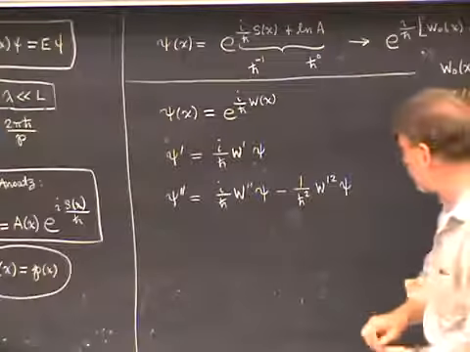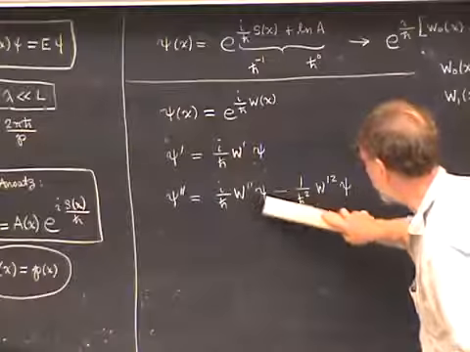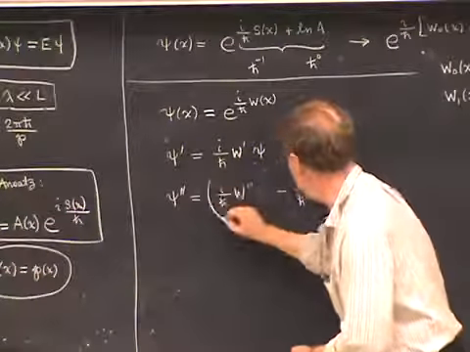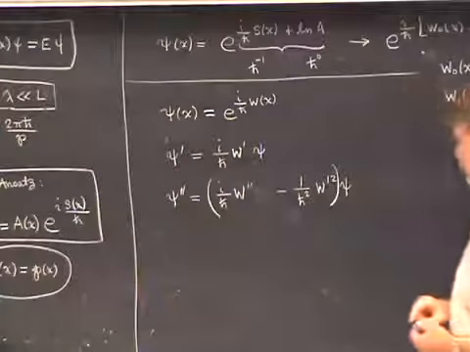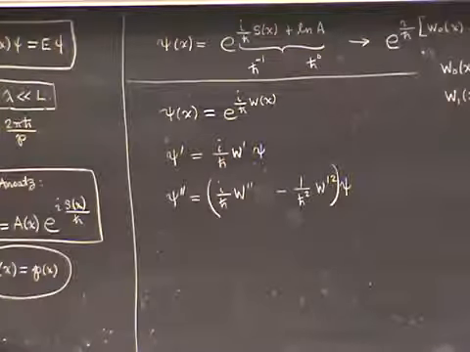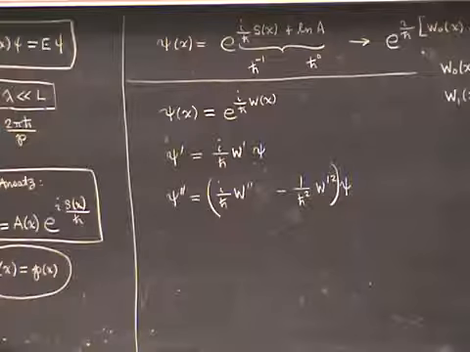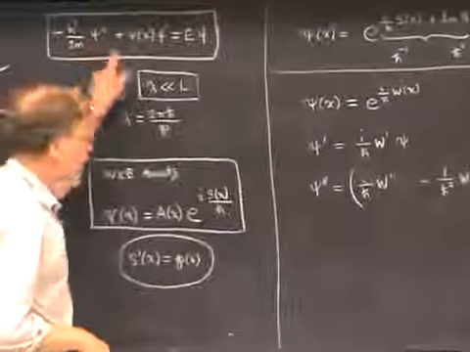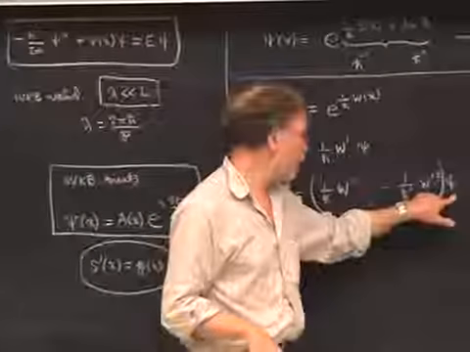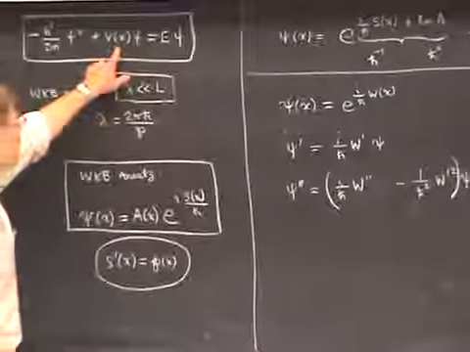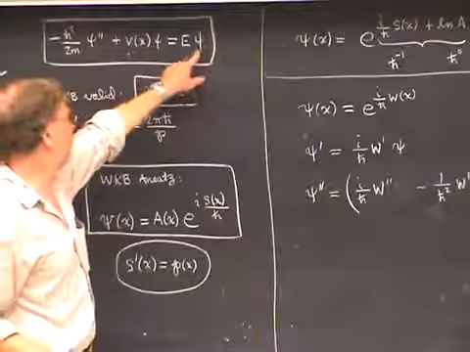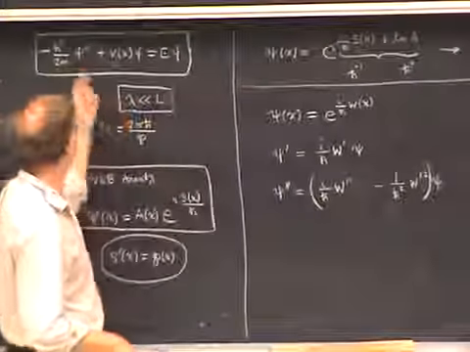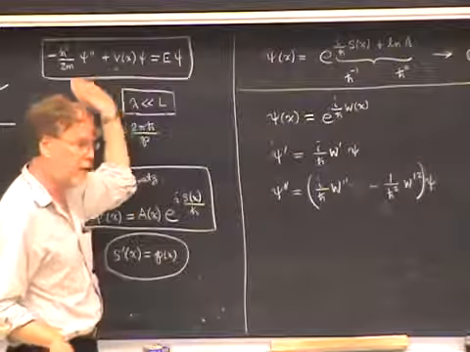And if it will allow me to do a bad thing, which is to use my eraser here, I'll just factor out the common factor of psi in both these terms and write it like that. All right, so that's just algebra. Now if I plug this psi double prime into the Schrodinger equation, since psi double prime is proportional to psi, and the potential energy term and the total energy are also both proportional to psi, when I make this substitution, the psi's cancel from all three terms.